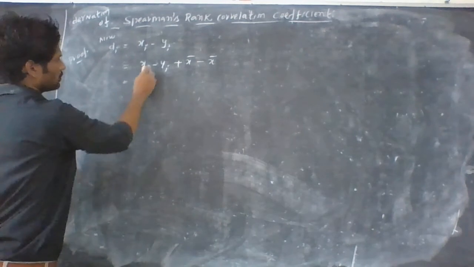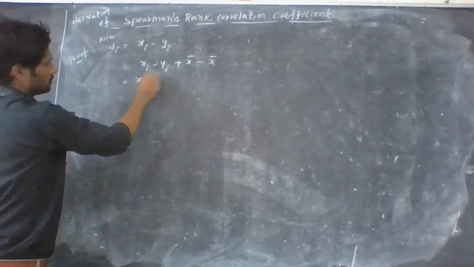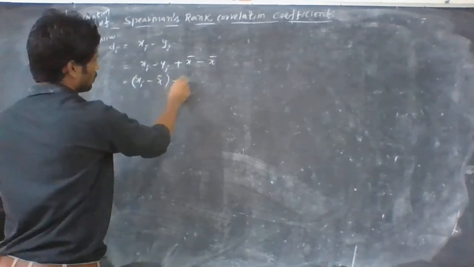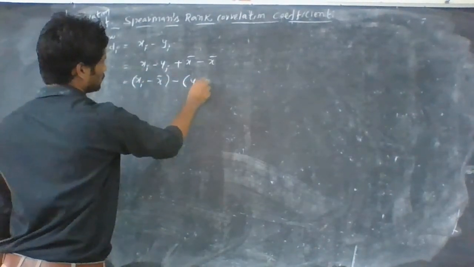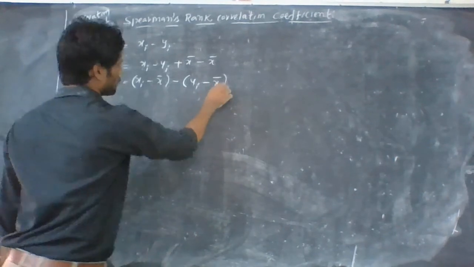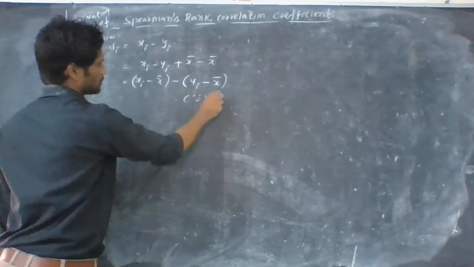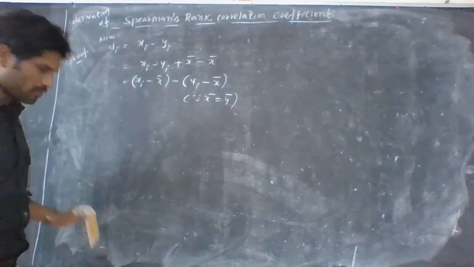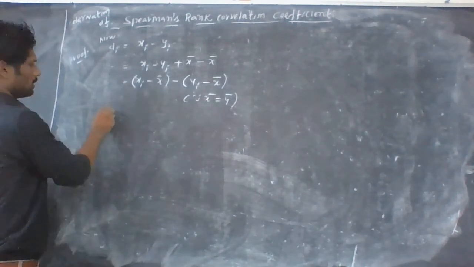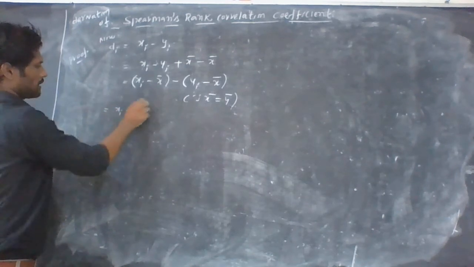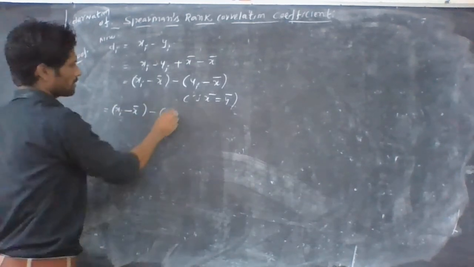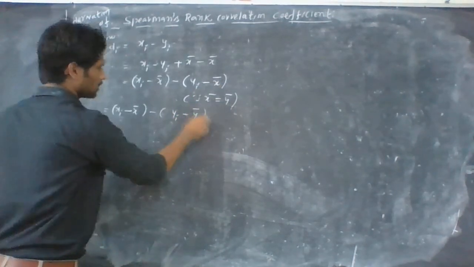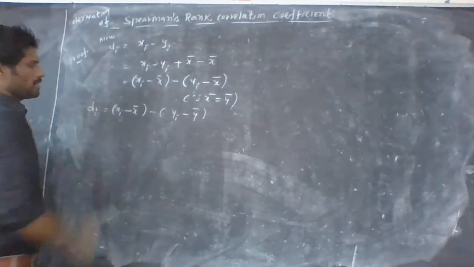Now xi minus x bar, minus (yi minus x bar), since x bar is equal to y bar, because x bar is n plus 1 by 2 and y bar is also n plus 1 by 2. Now taking xi minus x bar minus (yi minus y bar), we substitute x bar in place of y bar. So this is the deviation part.